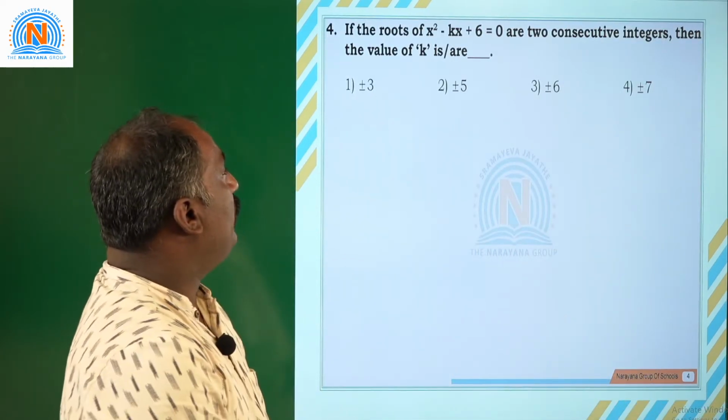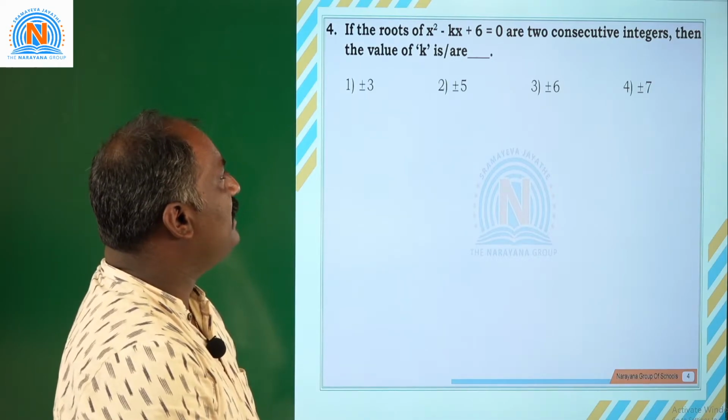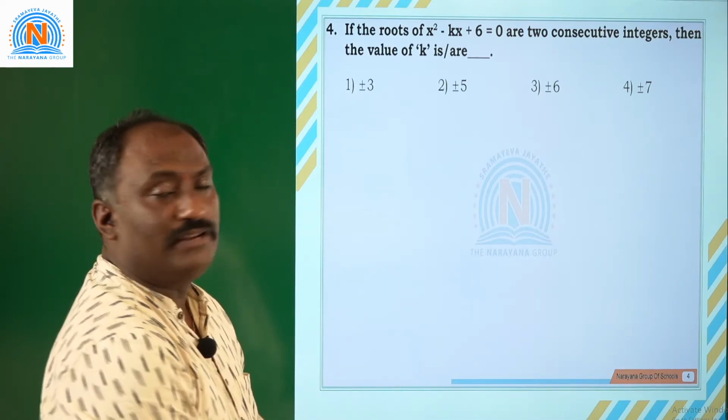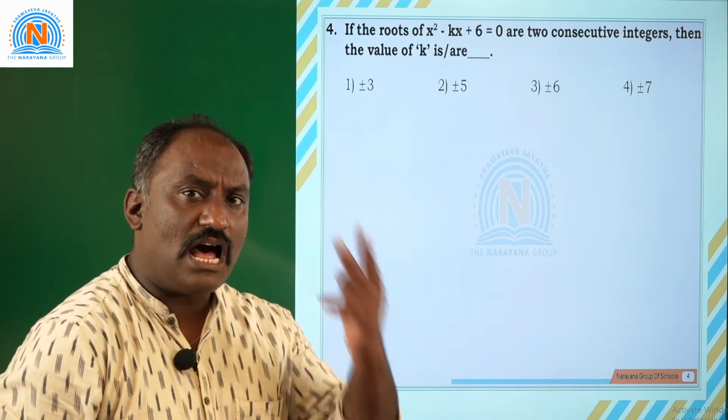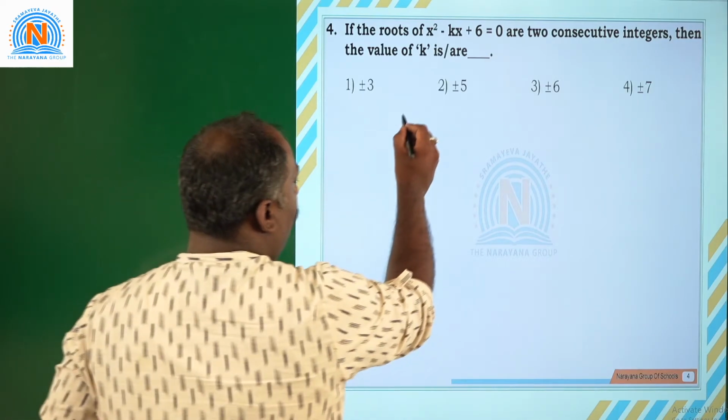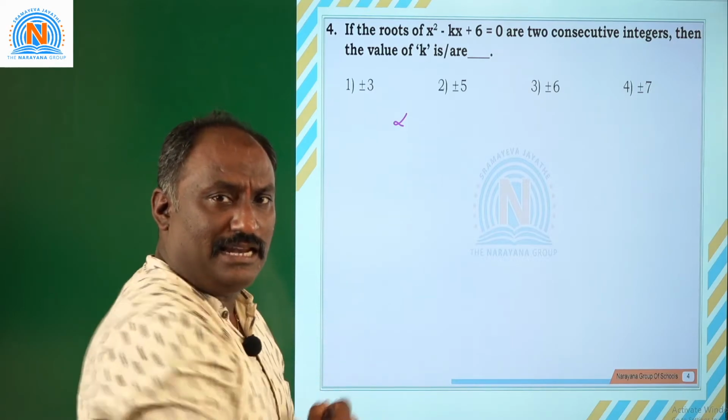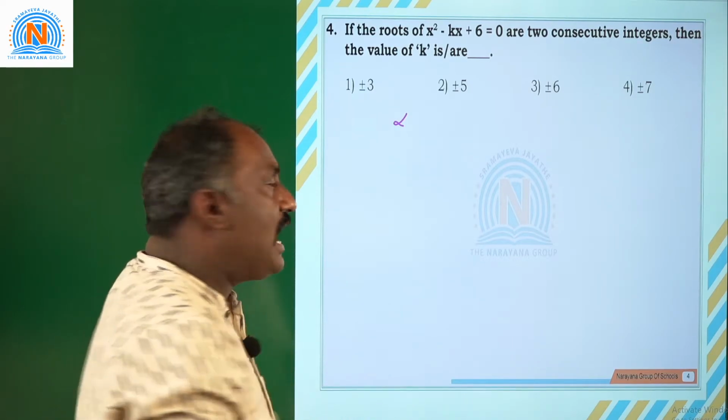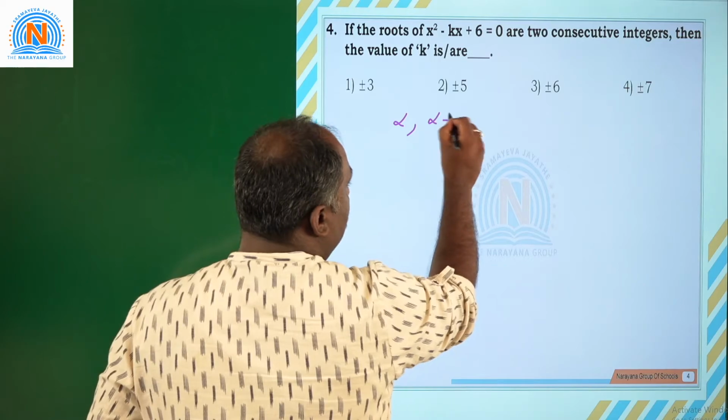If the roots of x square minus kx plus 6 equal to 0 are two consecutive integers, they are telling that the roots are two consecutive integers. Let us assume that one of the roots is alpha. Then immediately the consecutive of this alpha is alpha plus 1.